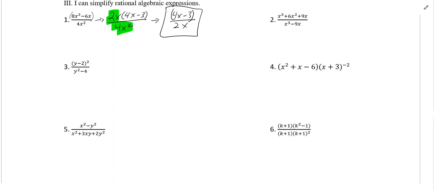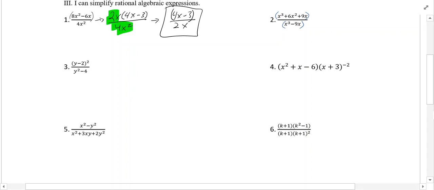All right, so let's go ahead and look at number 2. So again, you want to remember that your expressions here, this trinomial on top, it's like bounded by an invisible set of parentheses, and so is your expression here in the denominator. So you want to go ahead and I would put the parentheses so that you know they're together. So then remember, our first rule of factoring is we factor out a GCF.